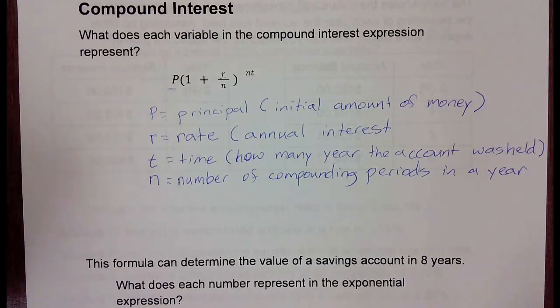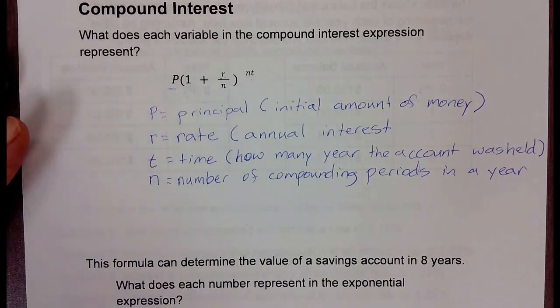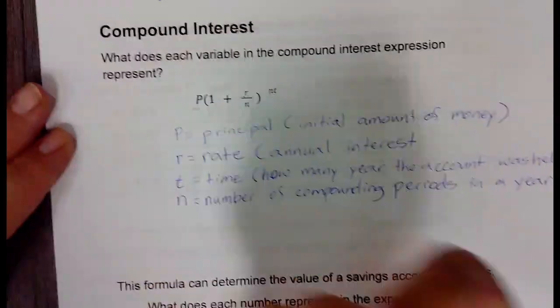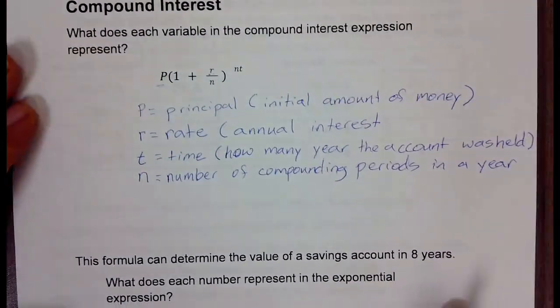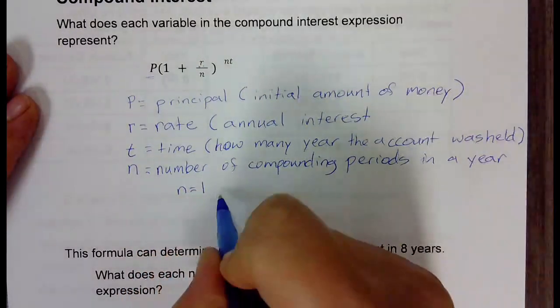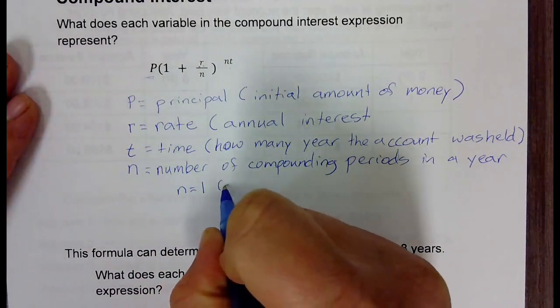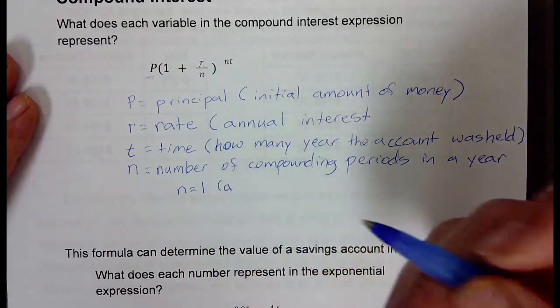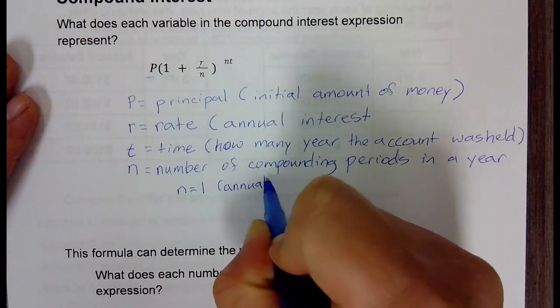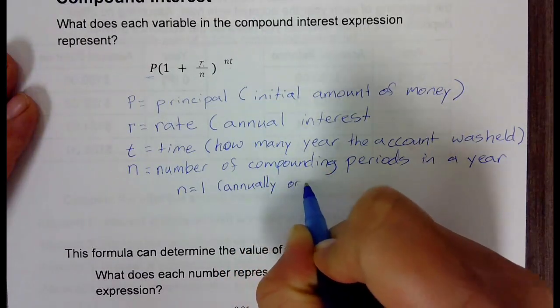If the account compounds yearly or annually, then it would only be compounding one time per year. So if N equals 1, that means that it compounds annually or yearly.